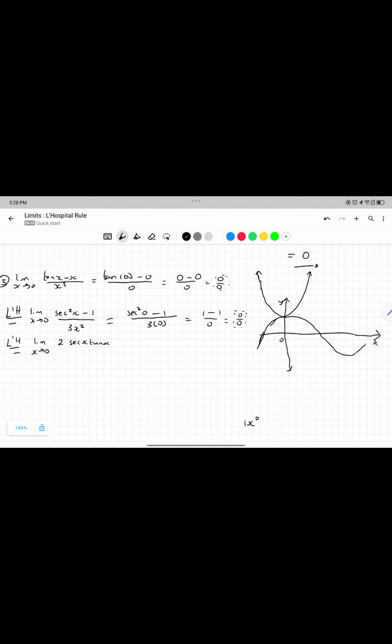And I have 6x on the bottom. So now 2 times secant 0, which is 1, times 0 all over 0 is indeterminate.